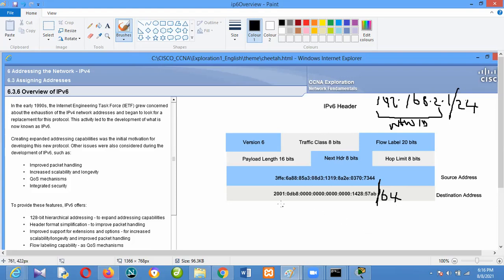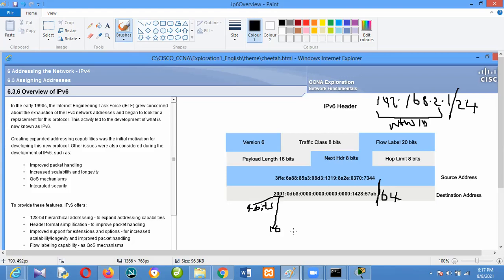It's telling us that, since each one here is 4 bits, everything here is 16 bits.